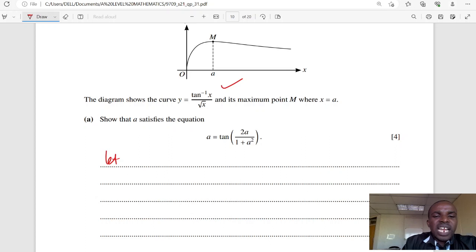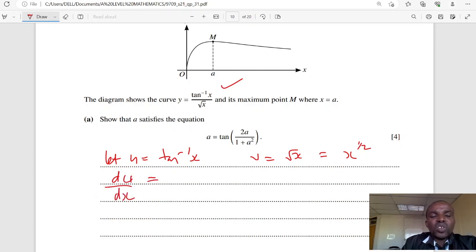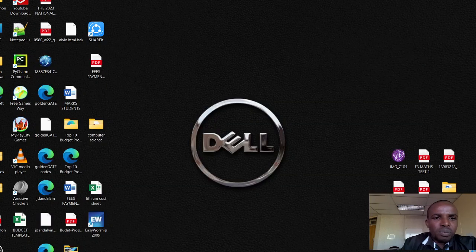You can say let u equals arctan x, and v equals root of x, and this is the same as x to the power half. Let me just put it as x to the power half. Then du over dx equals, right, arctan x. This one is there in the formula booklet. Let me find my formula booklet here.